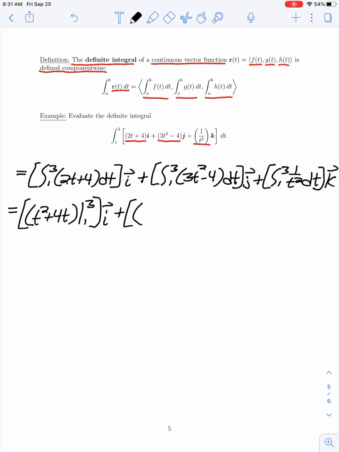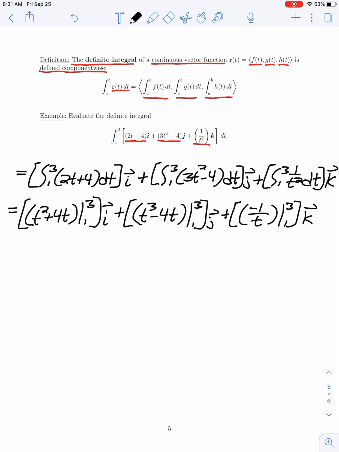The antiderivative of my second component function would be t cubed minus 4t, evaluated from 1 to 3 for our j component. And for my 1 over t squared, we would have an antiderivative of negative 1 over t, which we're evaluating from 1 to 3 as our k component.